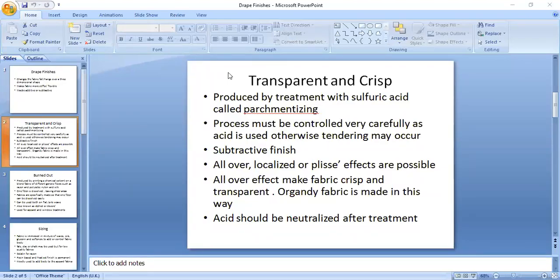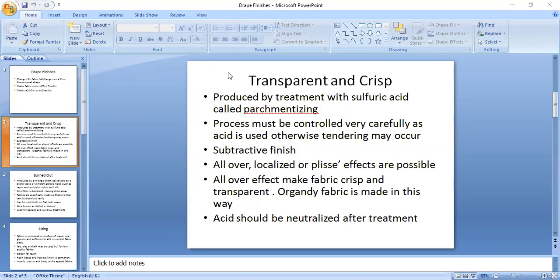In localized parchmentizing, if the design is a small figure with a large transparent area, the design is in a small area, and the area which we are going to make transparent is large, then we will apply an acid resistant substance on the figures, on the smaller areas, and then the whole fabric will be immersed in the acid bath.